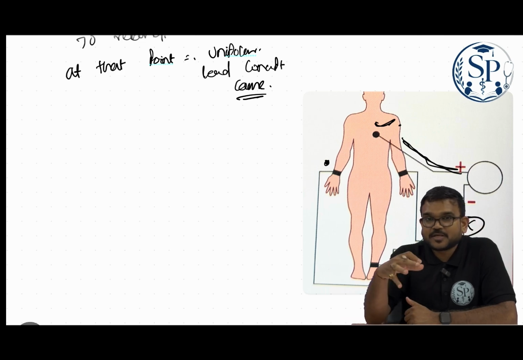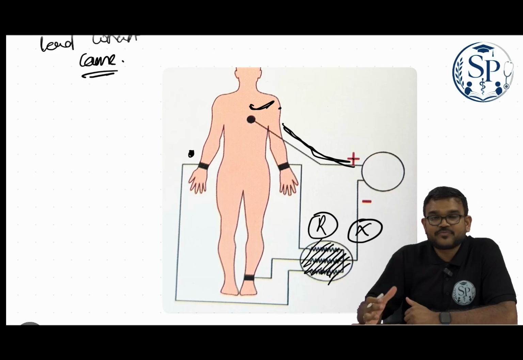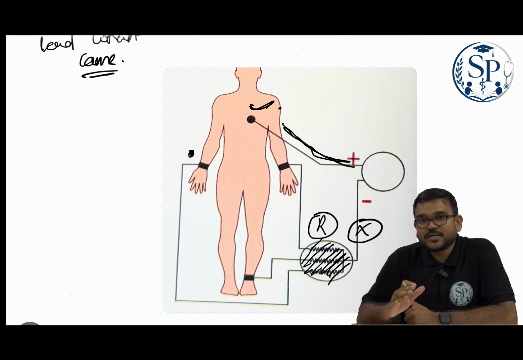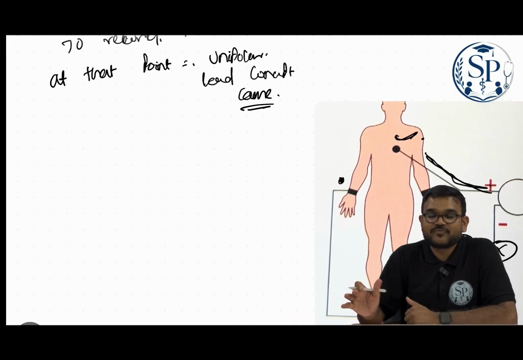So how has the unipolar lead been made? See, this is also a type of bipolar lead, but the negative end of the lead is connected or passed through a high resistance circuit. So literally in the negative end, no current flows.